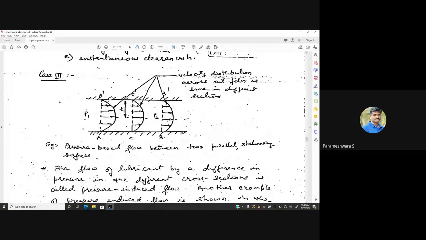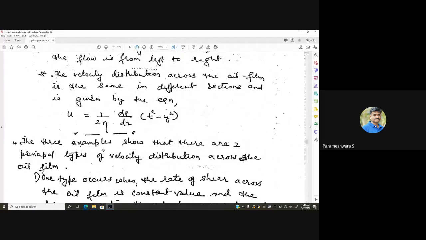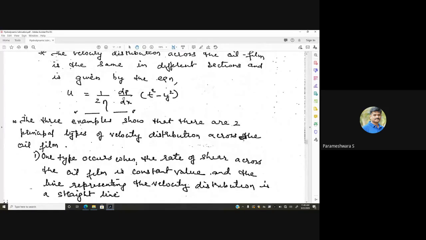The flow is from left to right, and the velocity distribution across the oil film is the same in different cross sections. This velocity u is given by 1 over 2 eta into dp by dx into (t square minus y square). You can use this formula to find purely pressure-induced flow.